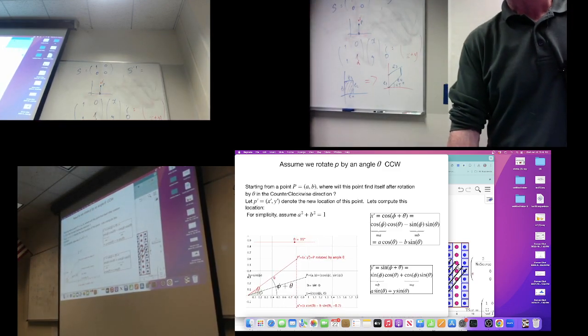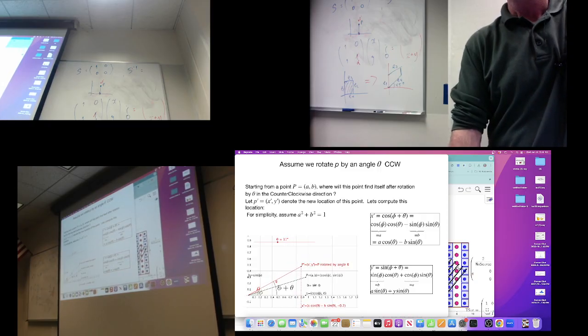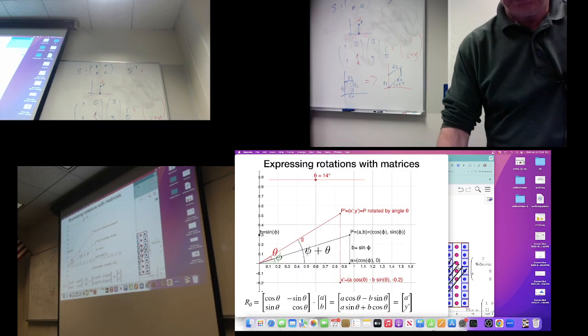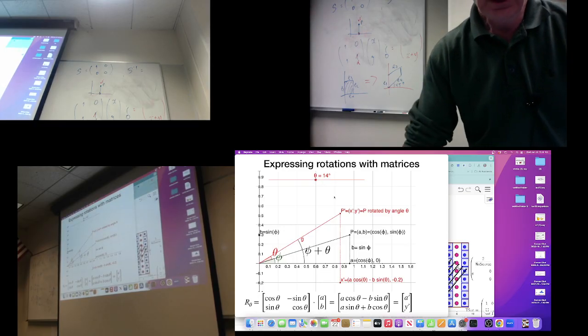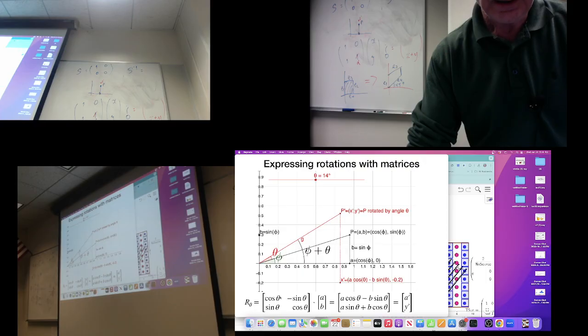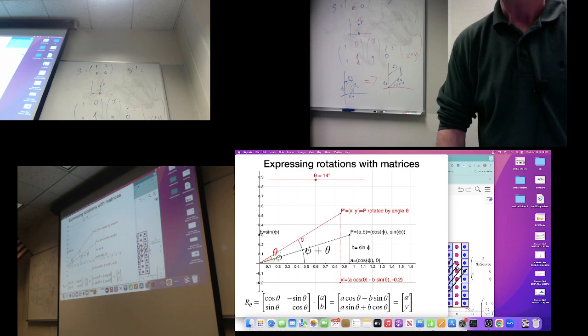If it's not distance 1, then it stays at the same distance from the origin, just rotated. Okay. So just to write it down, R of theta is, as we said, multiply cosine theta times a minus sine theta times b. That will give me the new a prime, and similarly for the b prime.